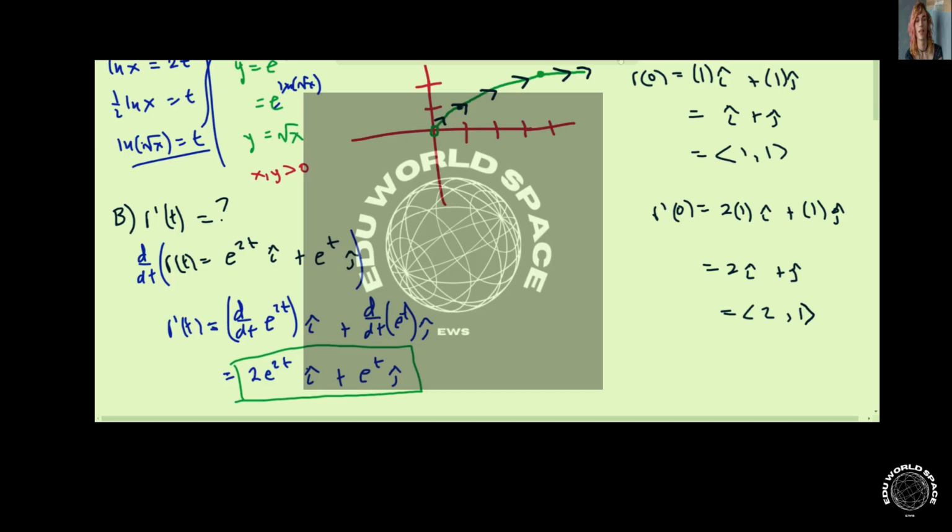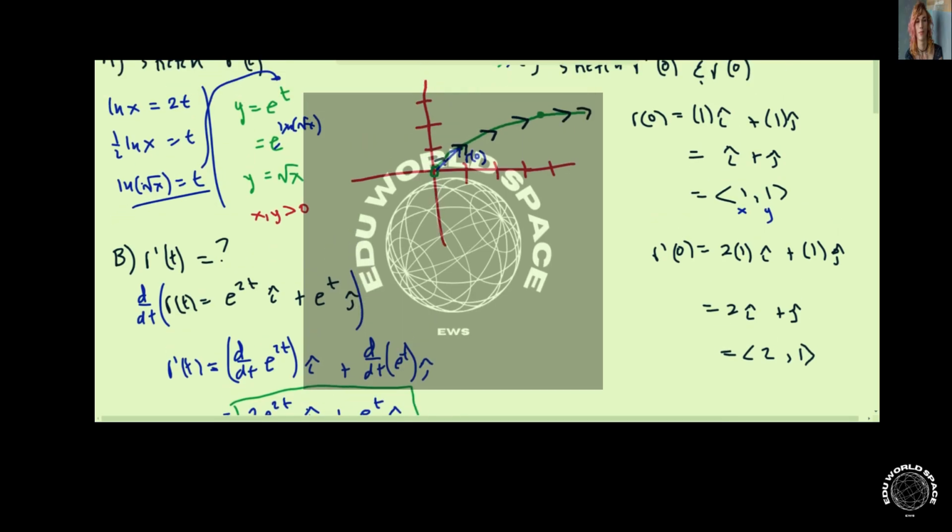And now to actually graph these two. First, the vector 1, 1 is just saying x is equal to 1, y is equal to 1. So we're going to start from the origin and then go to our point. So this is going to be r of 0. And then since this is supposed to be the tangent vector, I'm going to graph this on the point here as opposed to starting from the origin.